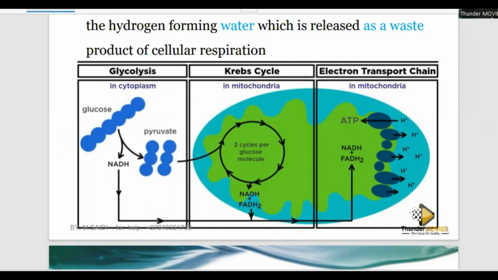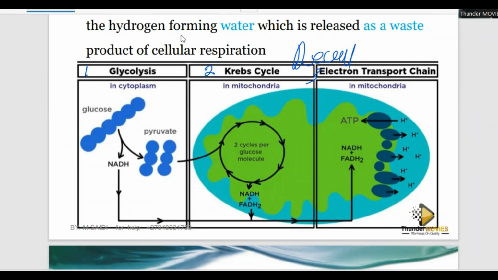Let's go back to the summary of the whole process. Let me call it a recall, remembering what we have studied. We said that respiration is the process by which glucose is broken down in the presence of oxygen to produce ATP. This aerobic respiration has three phases: 1, glycolysis; 2, Krebs cycle; 3, electron transport chain, which we call oxidative phosphorylation.